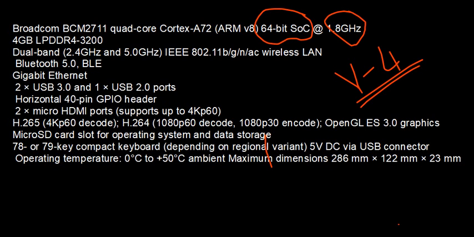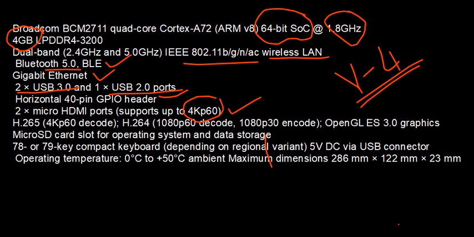You can see here it has wireless LAN, of course, with the IEEE specifications, Bluetooth 5 low energy, gigabit Ethernet. Then 2 USB 3 and 1 USB 2 ports, and a horizontal 40 pin general purpose IO header, 2 micro HDMI ports which support up to 4K at 60 fps.